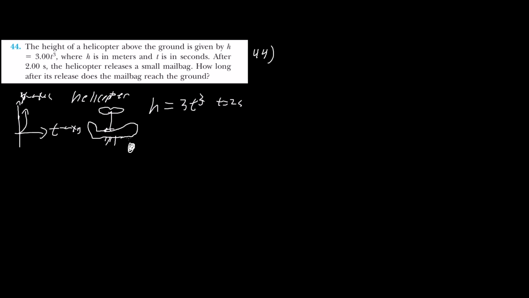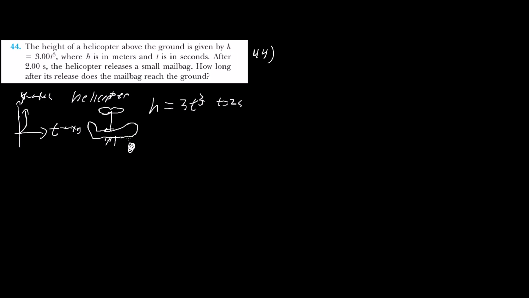Because the bag is sharing the motion with the helicopter, it's going to share its initial velocity, folks. So think about what's visually happening. When you fly in a helicopter and you're holding a bag, as the helicopter is flying up, the bag is also flying up with you.